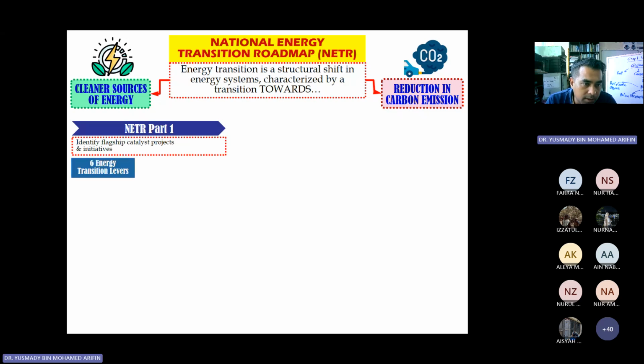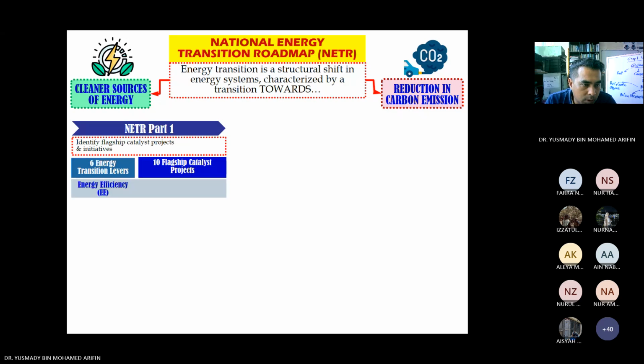There are 6 energy transition levers and also 10 flagship catalyst projects, projects that can be used to achieve the objective of the NETR. So we have energy efficiency, EE. In terms of projects, the company or building needs to use efficient switches, automatic switches and so on, so that we can save electricity.